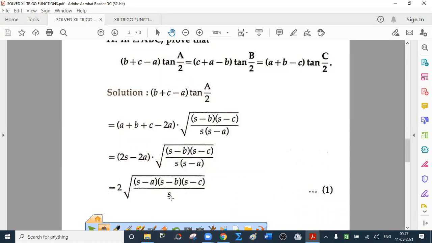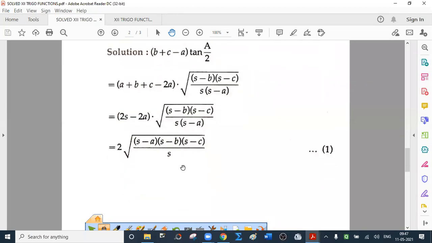Now you will notice that if cyclic changes are made here, this will change to C plus A minus B tan B by 2, second term. Will the right hand side change? No, it will be 2 into root of S minus B into S minus C into S minus A, same as this, divided by S. Again make cyclic changes to get this, same as this.